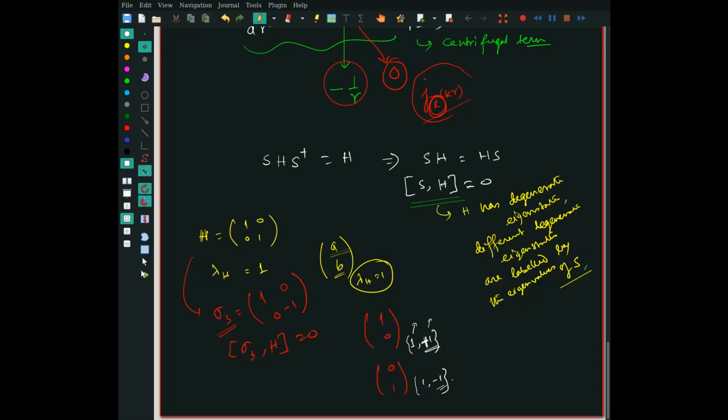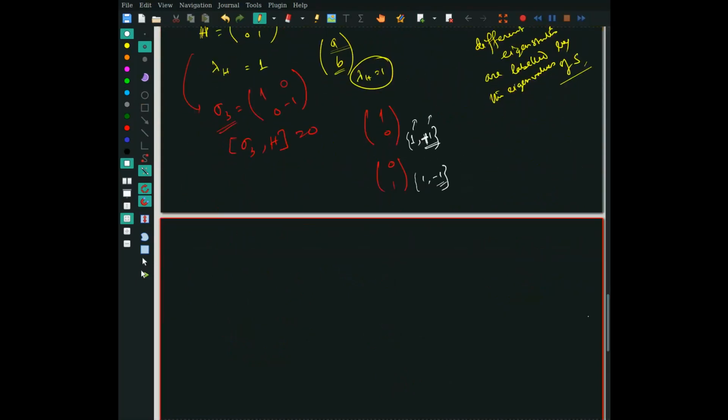Now you will see that the same thing is applied for the hydrogen atom. For that you have 3 quantum numbers, n, l, m. Energy only cares about this n.